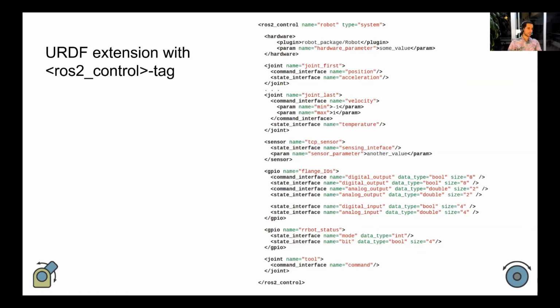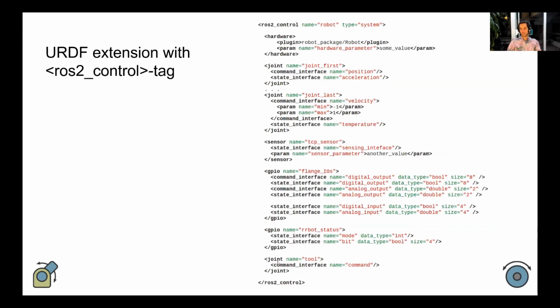We didn't come up with a better name; I came up with the name. It stands for general purpose, very generic inputs and outputs. One of the purposes is digital and analog outputs that you have on robots, but you would also use the GPIO structure, for example, for robot status, where you read some status bits from your robot hardware and pipe them to the ROS2 control world.